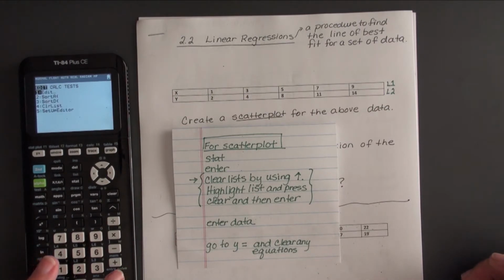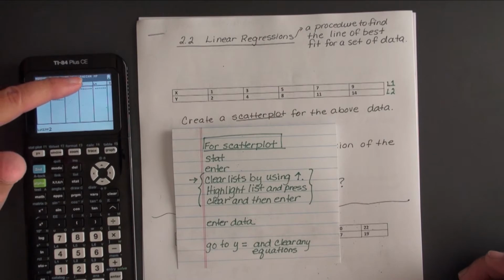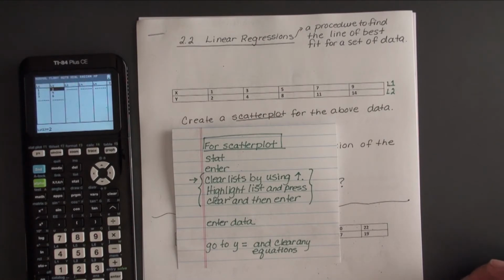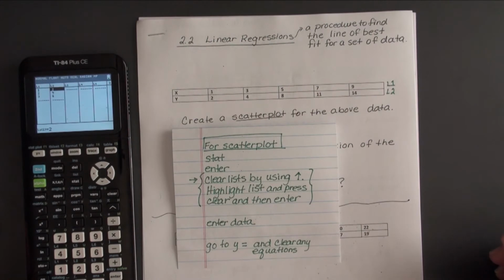So you'll press enter. Now you should see list 1, list 2, list 3, list 4, list 5. If you do not see them, you will need to reset your calculator. We will put in numbers for list 1 and list 2 as described by my set of data.